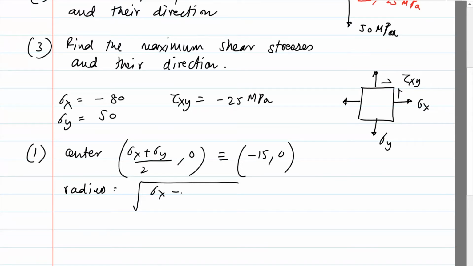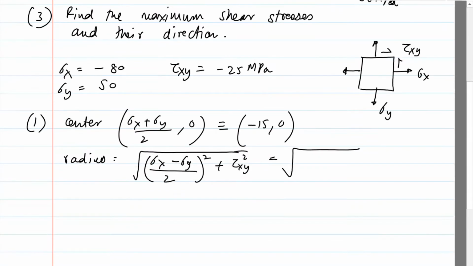Yeah. Sigma x minus sigma y divided by 2, squared, plus tau xy squared. Okay, so square root of, get the formula right.